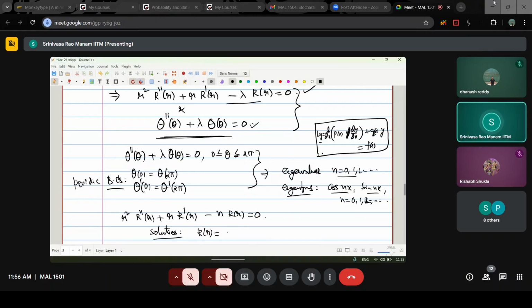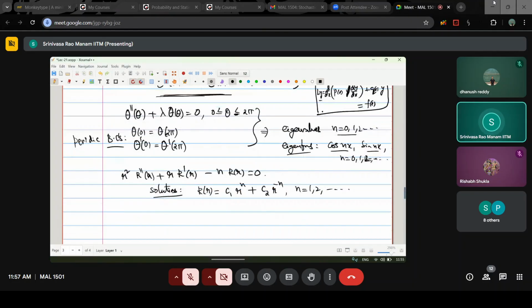You will get some C1 r power n plus C2 r power minus n, corresponding to the case n from 1, 2, 3 onwards. And what happens when you put n equal to 0?